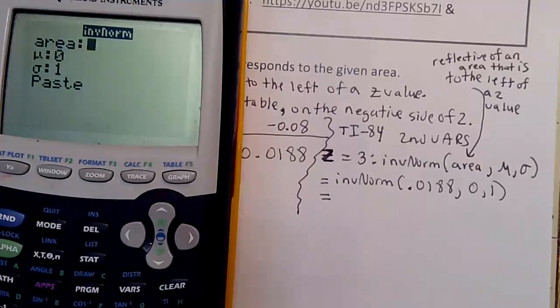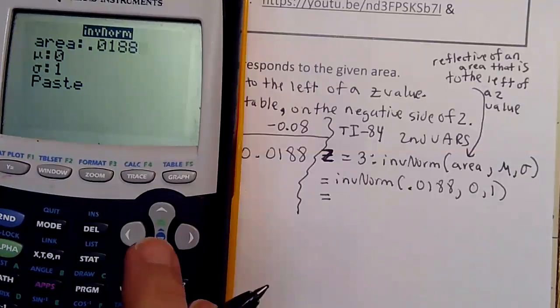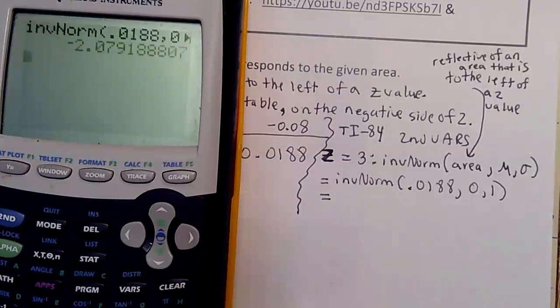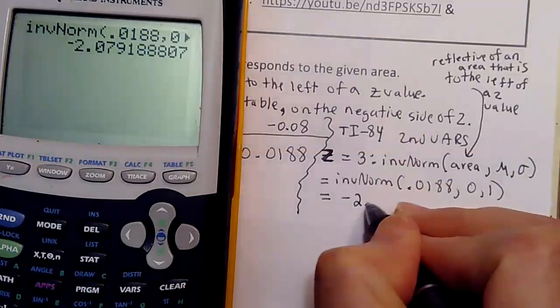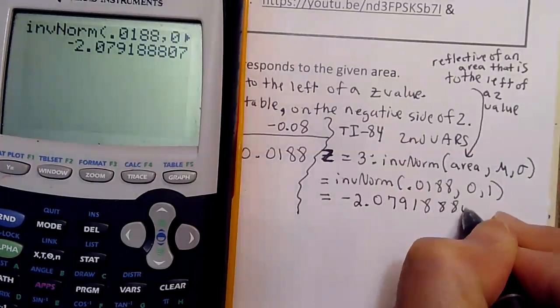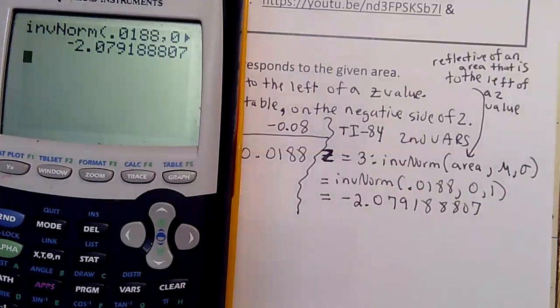And then the area is the area to the left, 0.0188, and then 0 and 1. Okay, so it's negative 2.079188807.